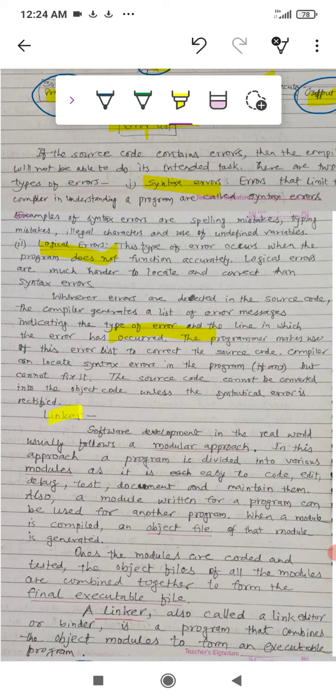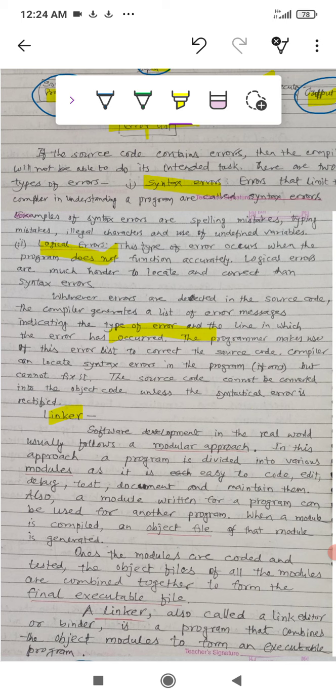Now linkers. Software developed for the real world usually follows a modular approach.